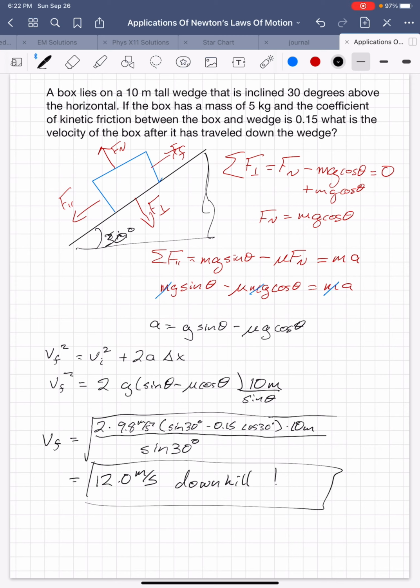So that's how we can solve an inclined plane problem with friction.